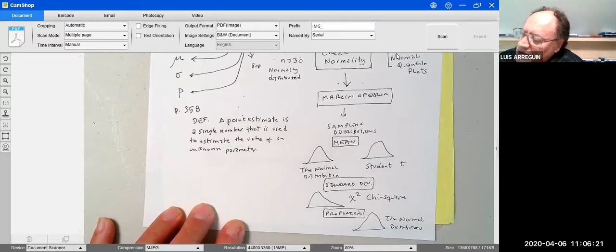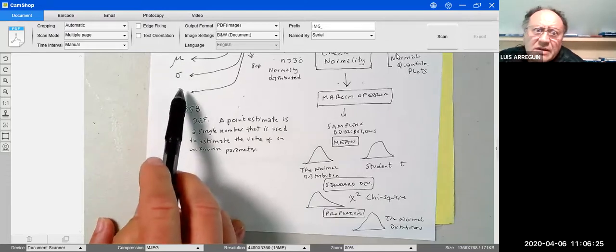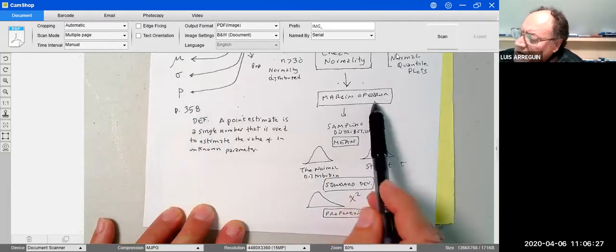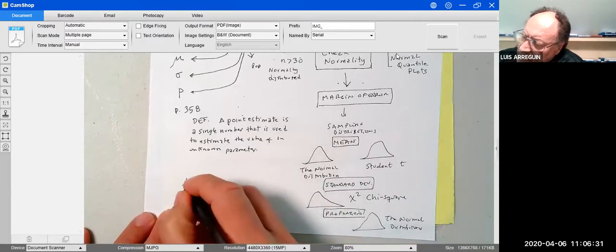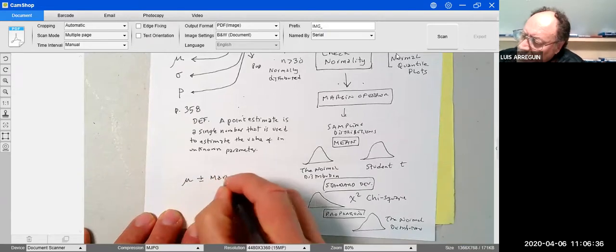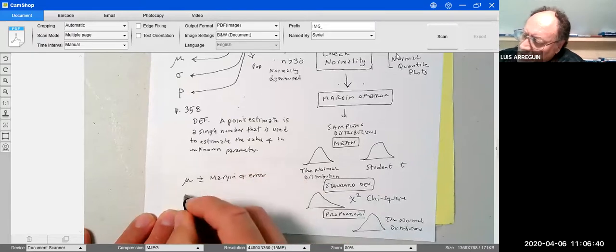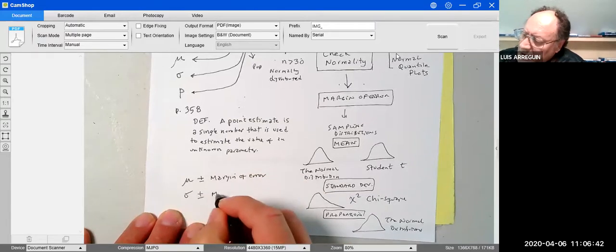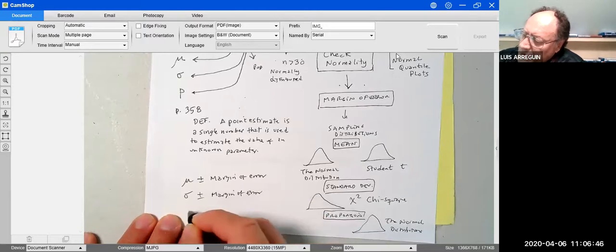This is about computing point estimates for every parameter that we are interested in, and then computing the margin of error. So at the end of the day, we're going to have our point estimate plus or minus a margin of error, either for the mean, the standard deviation, or a proportion.